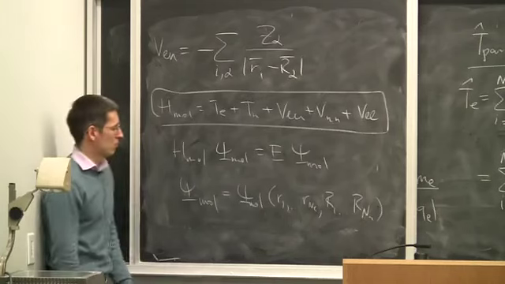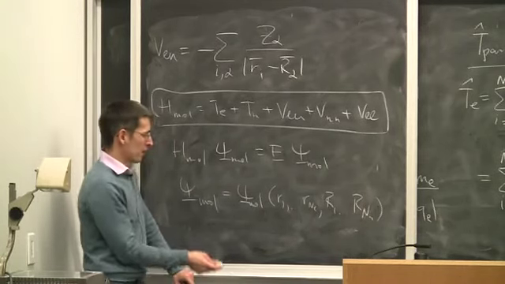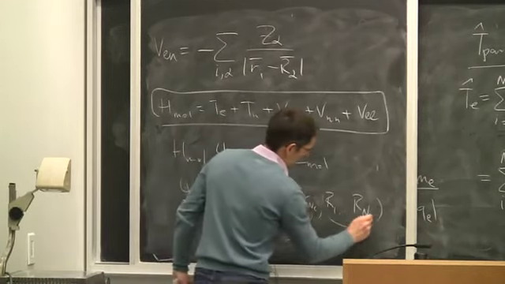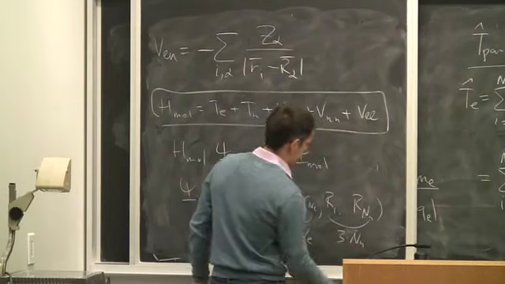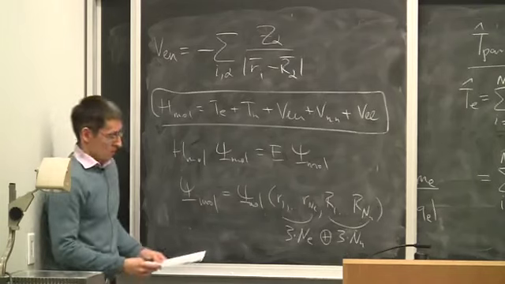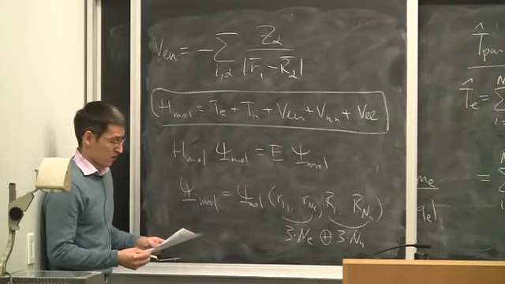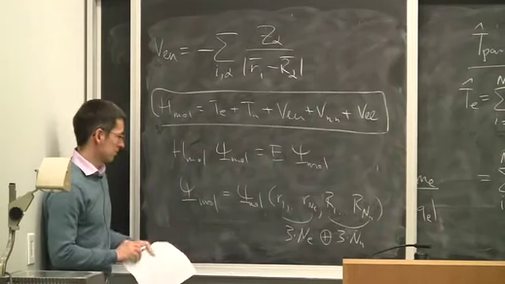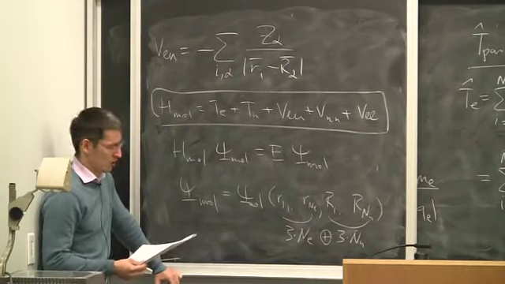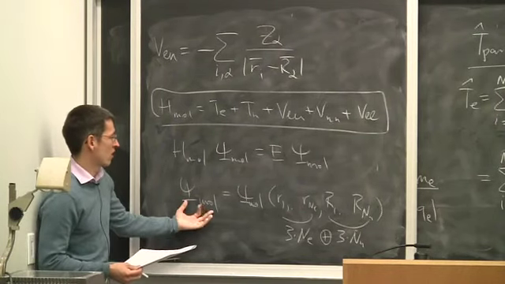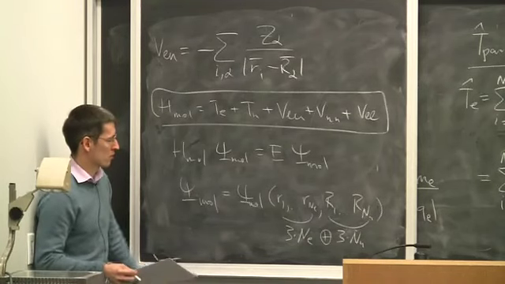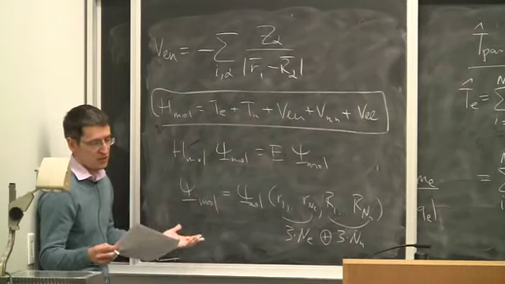Okay, if we just count the number of variables, 3 times the number of electrons, 3 times the number of nuclei, right? So that's the number of variables that we need to consider, and that's why quantum mechanics is so computationally expensive, because the functions that we need to operate with, their arguments grow linearly with the size of the system.